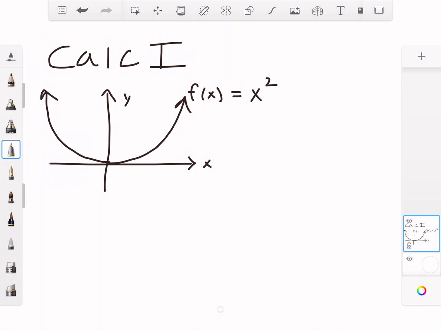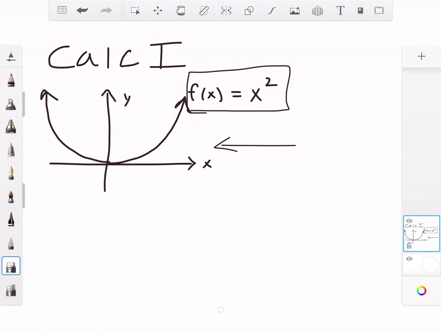And to calculus students, to most people, this is what a function is, right? You say, okay, what is f of x equals x squared? Oh, it's this thing. Well, it's not entirely correct.